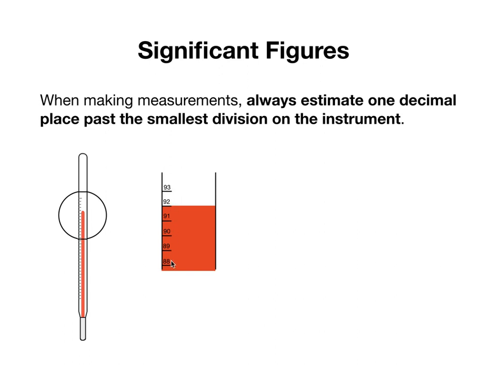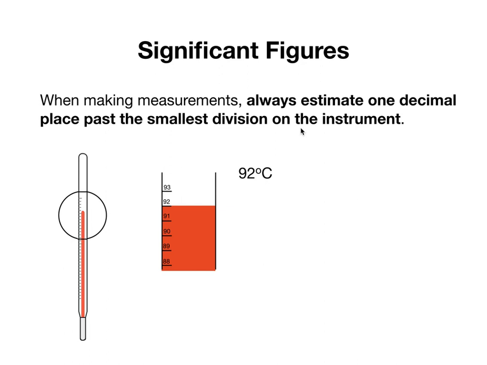Each one of these divisions represents a degree. Now, it looks like it's right on the 92. 92 degrees Celsius.